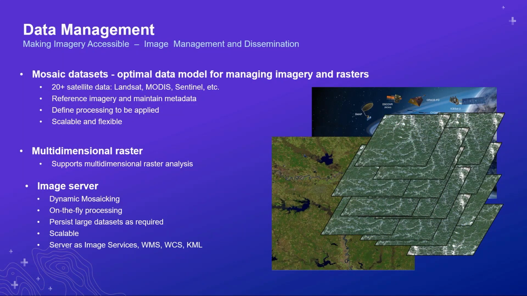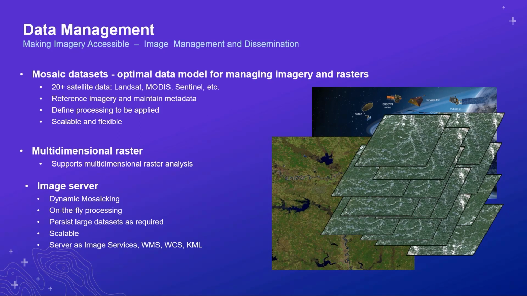For data management, we use mosaic dataset to manage imagery. It supports many types of images, many types of satellite data, for example, Landsat, MODIS, and Sentinel data, 1, 2, 3, 5, and you name it. And this mosaic dataset references the image data.